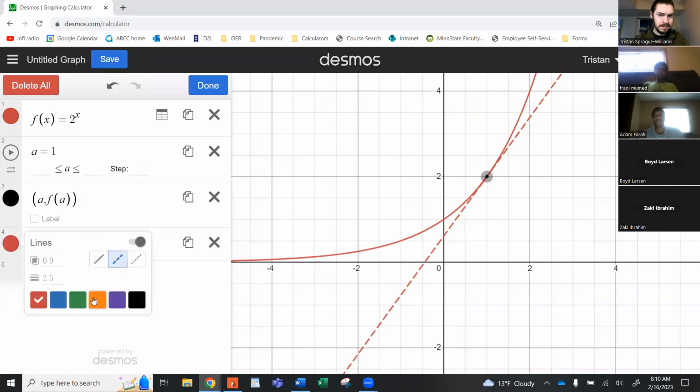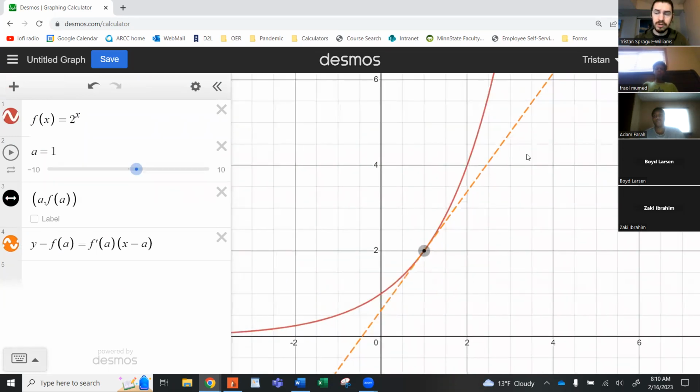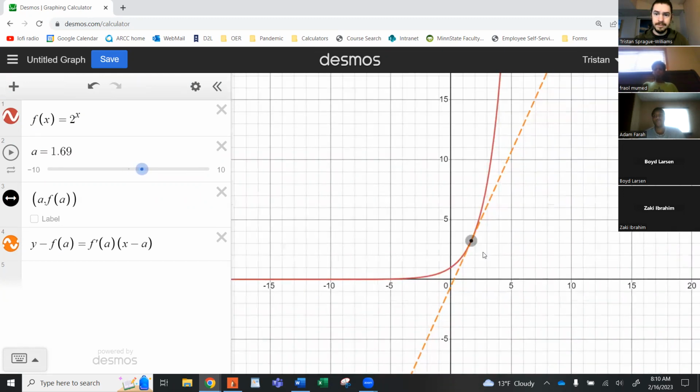There's my tangent line. Okay. What we're saying is that the value of the function, the y output of the function, is proportional to the slope of the tangent line. That's what we're saying.